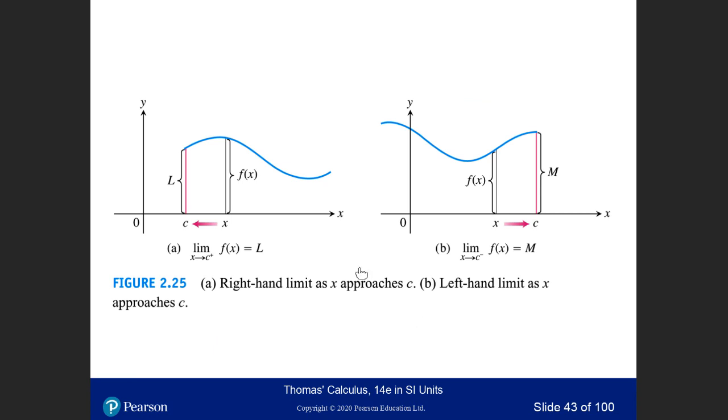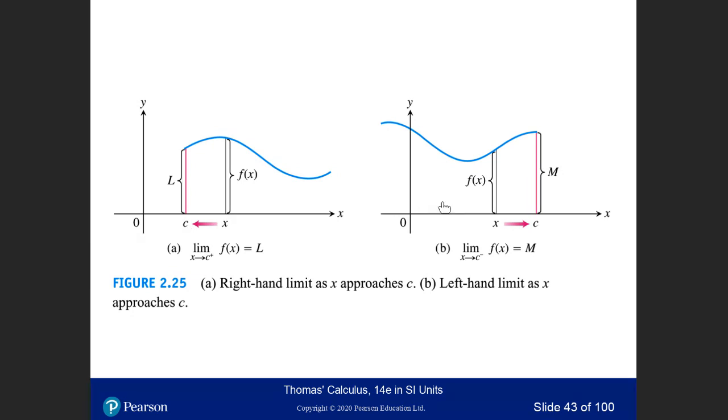Okay, so that's your function f(x). That's the point c. The function is defined here. So this is the right-hand limit because x approaches c from values greater than c. Okay.